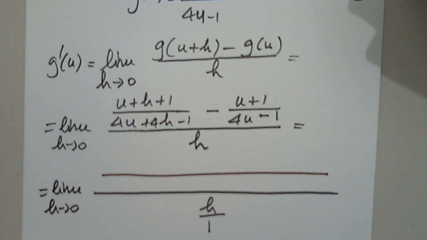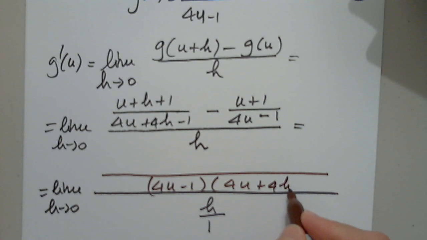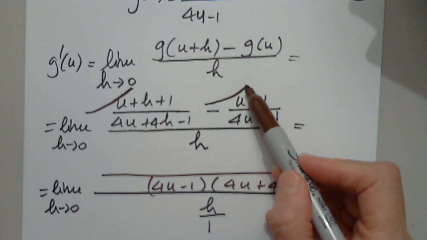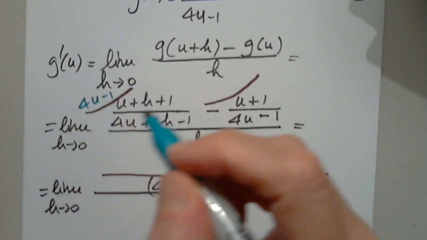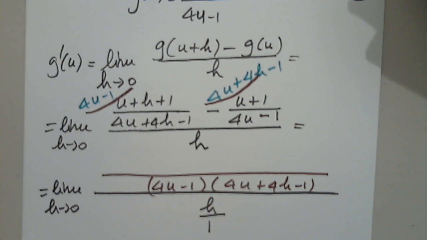It's the product of the two: 4u plus 4h minus 1 times 4u minus 1. Good. What is the adjustment for the top of the second one? What do I need to multiply by? 4u plus 4h minus 1, exactly what it doesn't have. Awesome. Now it's a big deal.